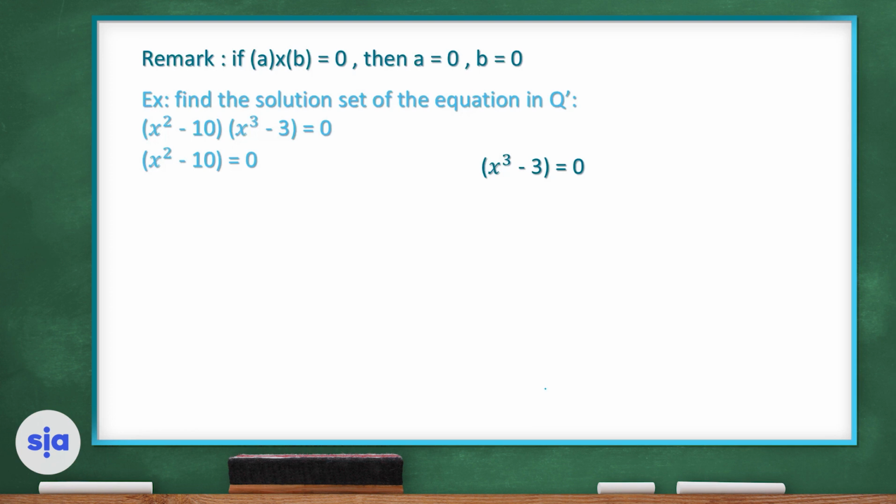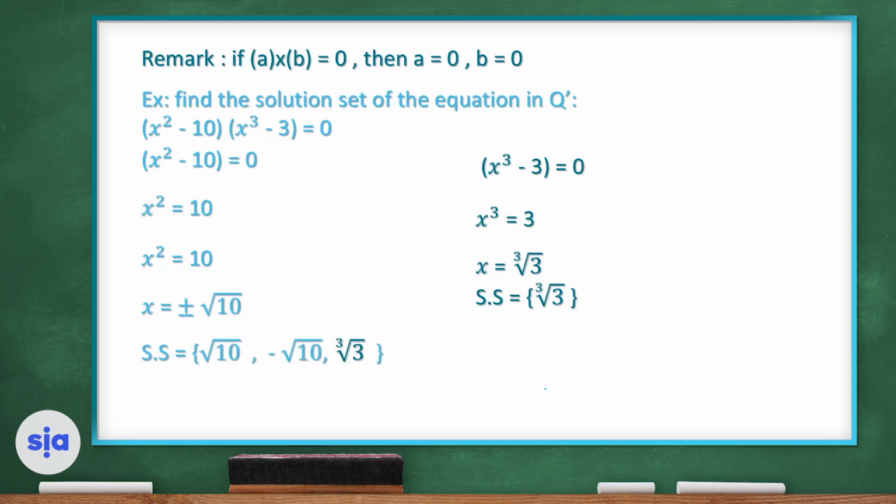And then every bracket, you solve it individually. So when we take x squared minus 10 equals 0, then x squared equals 10, then x equals positive or negative square root of 10, and the other part, x cubed equals 3, so x equals the cubic root of 3. So the solution set for the whole equation is a positive square root of 10, a negative square root of 10, and a cubic root of 3.